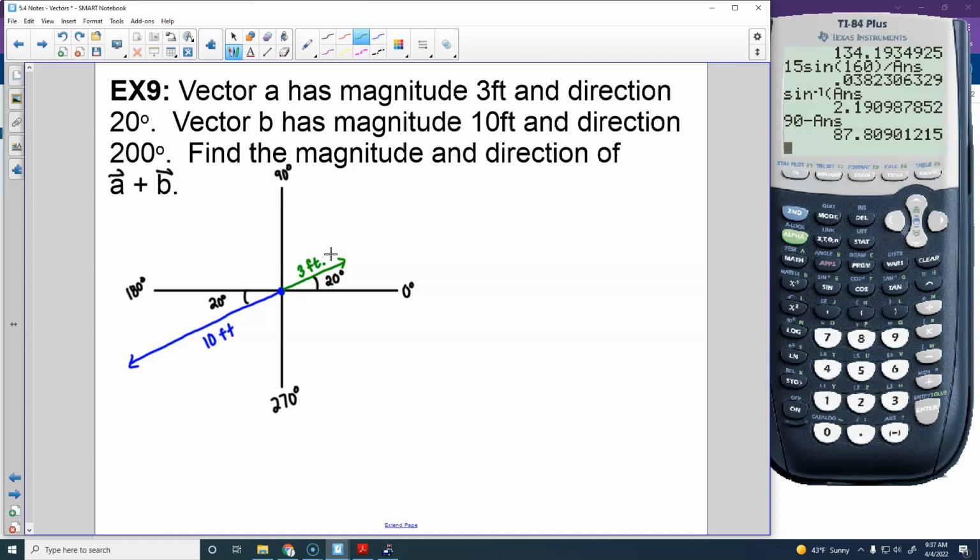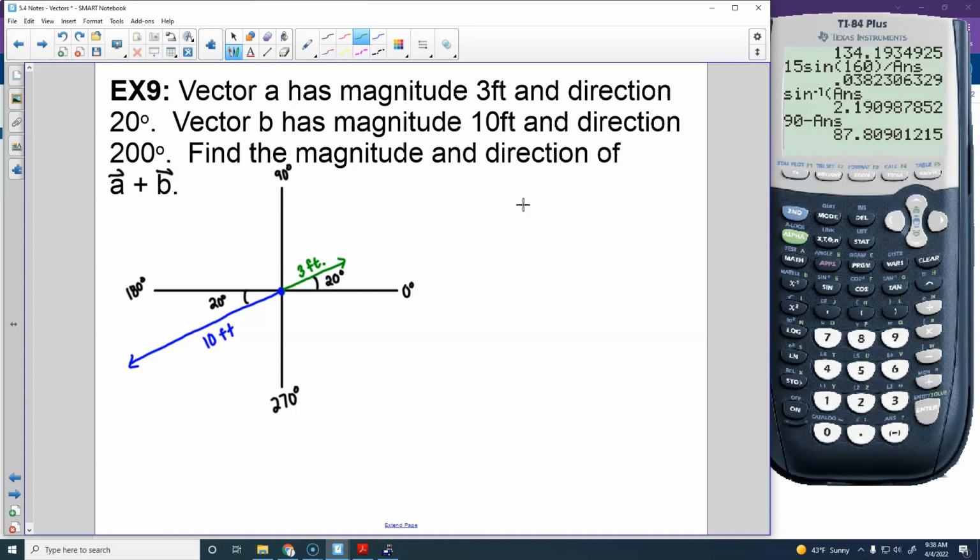Now, 20 degrees and 200 degrees are opposite directions, right? There's 180 degrees between them, meaning that they make a straight line. So these are going to be in opposite directions. So if you have two angles that are 180 degrees apart, so if you subtract the two and you get 180, they're opposite each other.